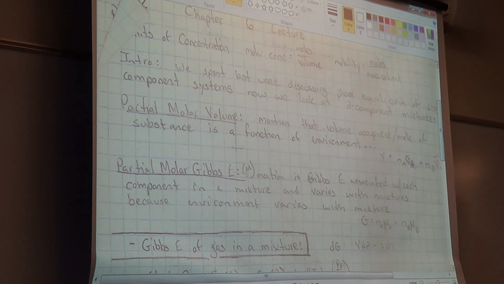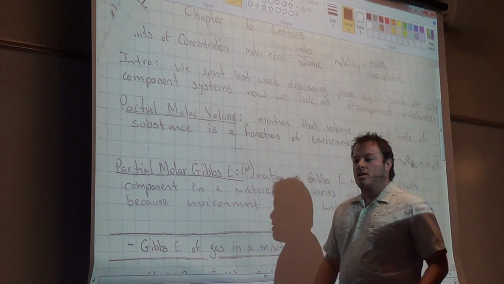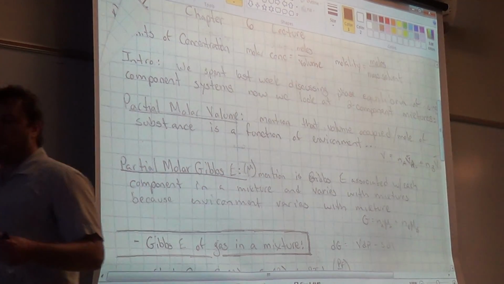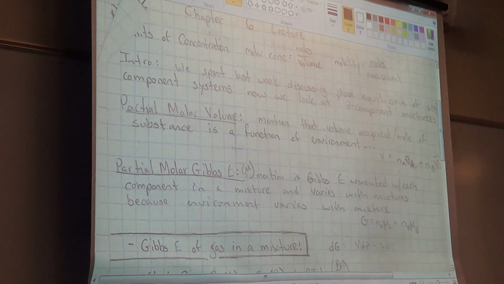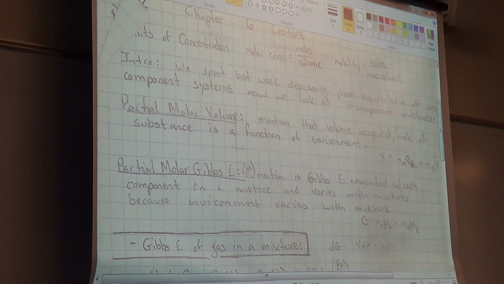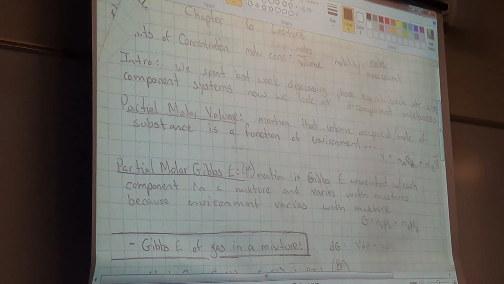So this is the key thing that I want you guys to take home about molar volume: the volume that something occupies depends on its exact environment. If you take something like a sodium ion and you stick it in a water solution, you're going to have water molecules orienting their dipoles around it in some particular fashion.